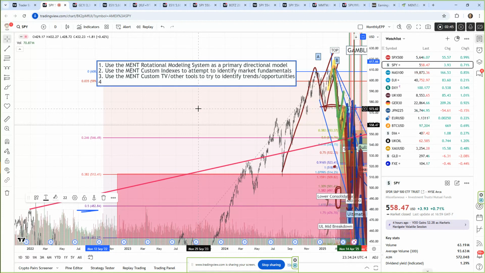And then lastly, we could say use the SPY cycle patterns and then others to attempt to align cycles with analysis outcome.